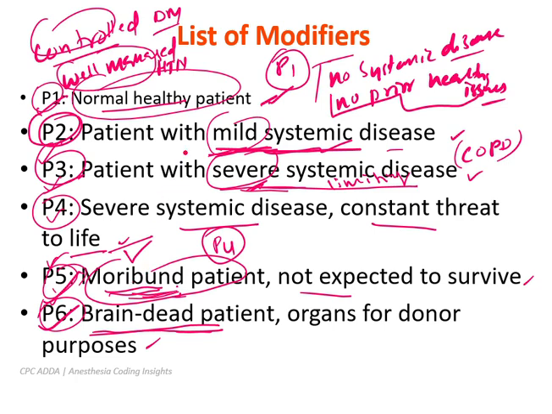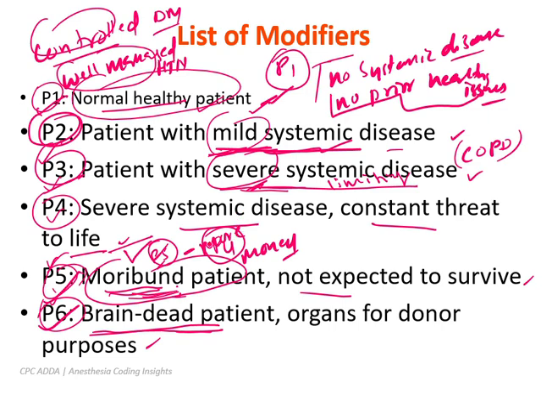Compared to P1, P5 requires more attention, intensive care and resources, so more money also. More money also has to be paid for this modifier, right? So they directly impact the reimbursement part.